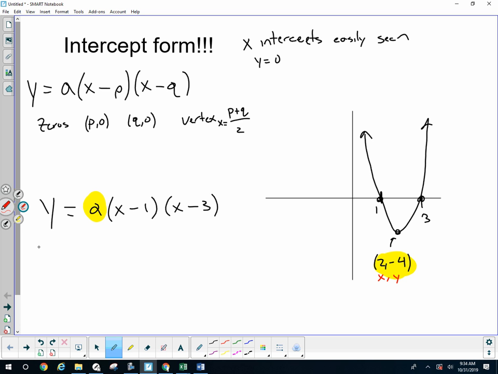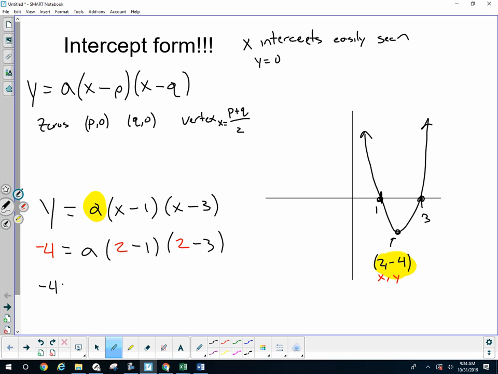You will plug in the y and the x in this solution, and you will solve for A. This is not hard to do if you understand what this point tells you. It tells you a coordinate that works.